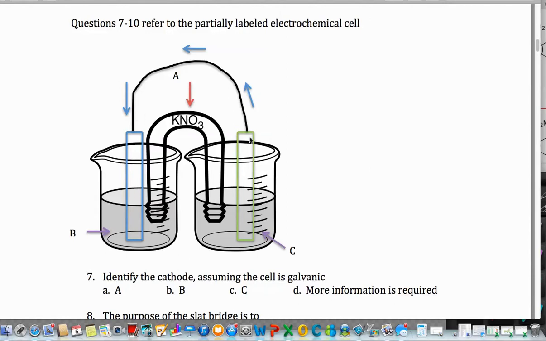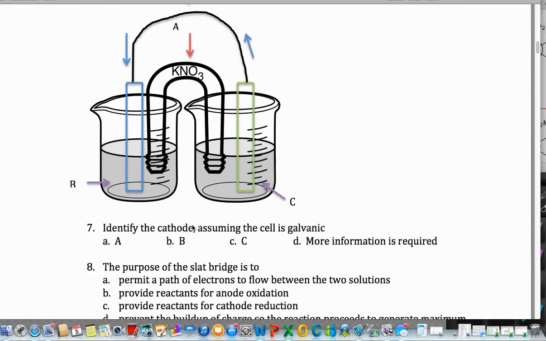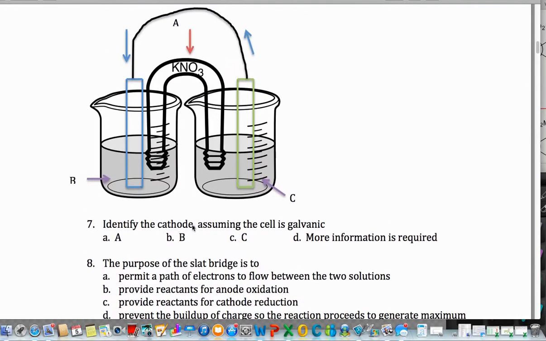Of course, anode is where oxidation takes place, and the cathode is where reduction takes place. So oxidation is the loss of electrons, and of course the electrons are moving from the anode to the cathode. So oxidation is going to take place in the right cell, reduction takes place in the left cell. So we need to identify the cathode. That's going to be B.